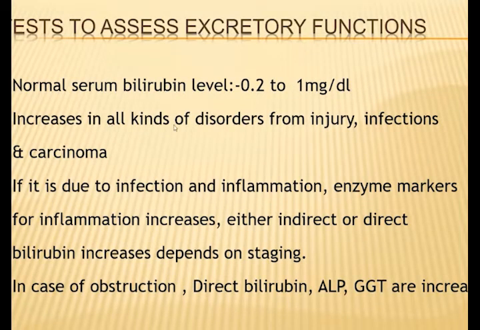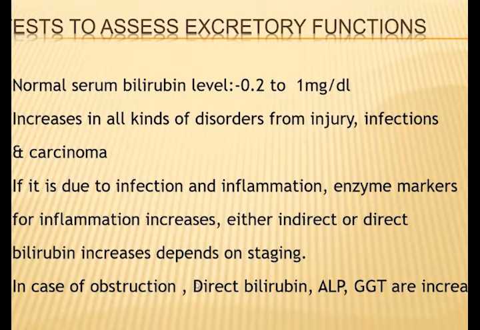And it increases in all kinds of disorders, injury or infection of the liver, or carcinoma of the liver. In all these liver disorders, it will be elevated. And depending on the disorder, the enzymes will increase. So you have got obstructive jaundice.